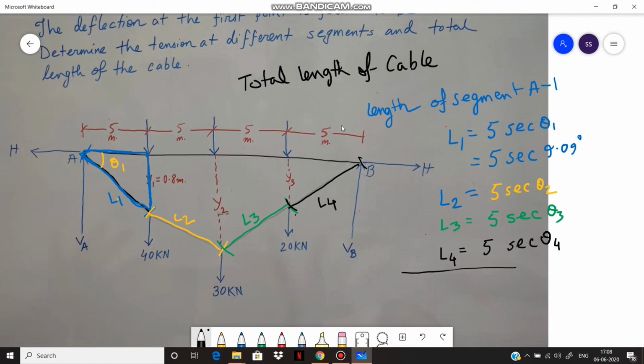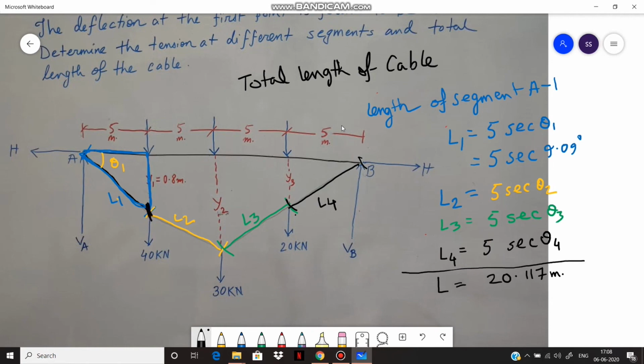So in each case, putting the values of θ2, θ3, and θ4, we get the total length of the cable as 20.117 meter. So again, I am reminding that L1 is the length of segment A1.